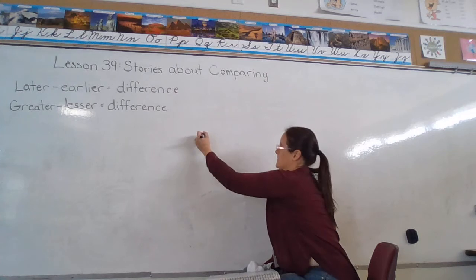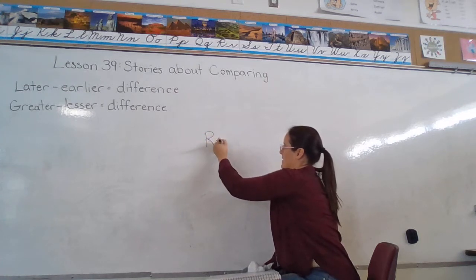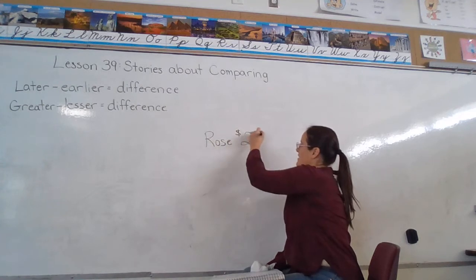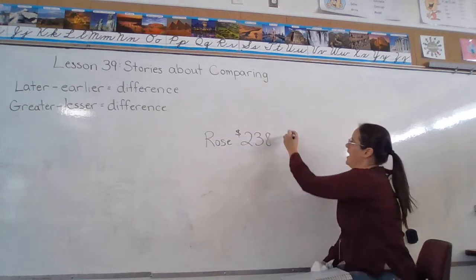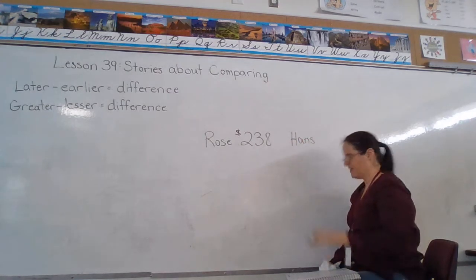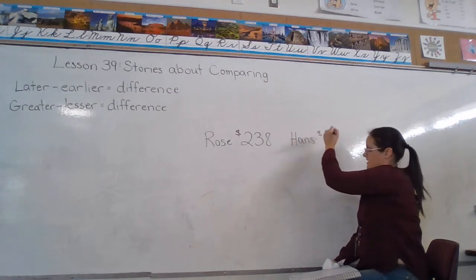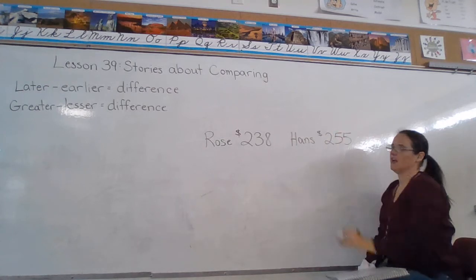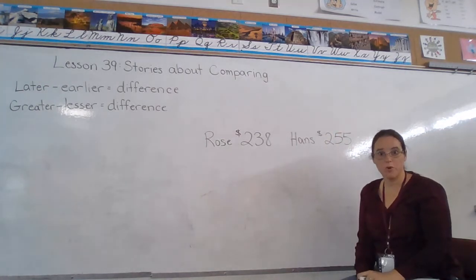So, Rose bought a stereo that was $238. Hans bought a stereo that was $255. Whose cost more?